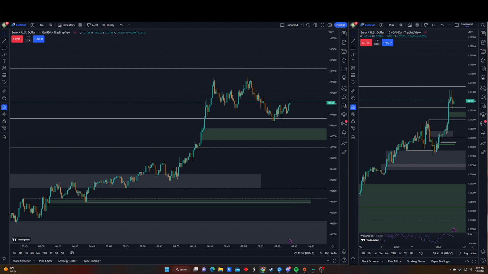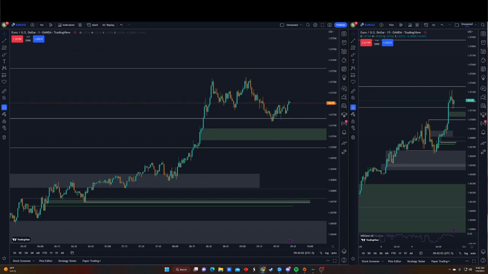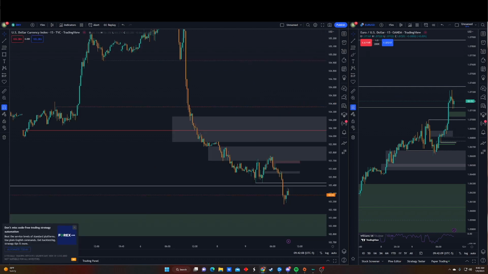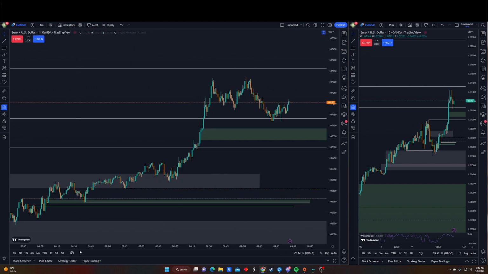Looks like it's on its way down. I'm sorry, on its way up. Dollar looks like it's on its way down. So we'll see.